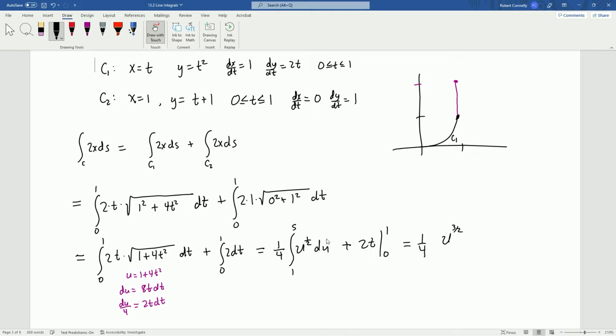Okay, so when I integrate this, I'm going to get u to the 3/2 divided by 3/2, which is the same thing as multiplying by 2/3, evaluated from 1 to 5, plus 2 times (1 minus 0). This gives me 2 over 12, or 1 over 6, times (5 to the 3/2 minus 1), plus 2.